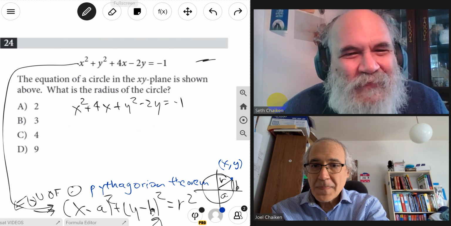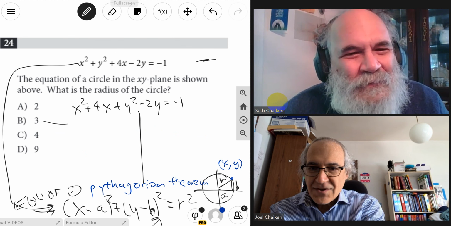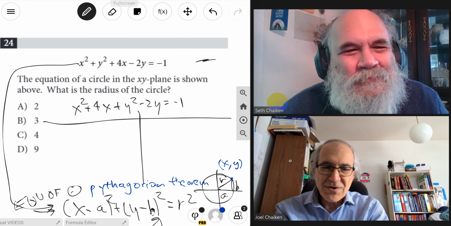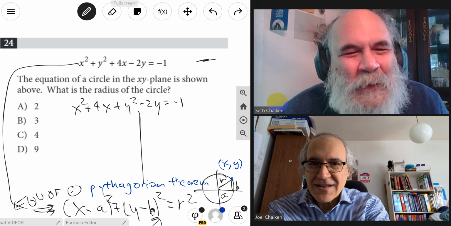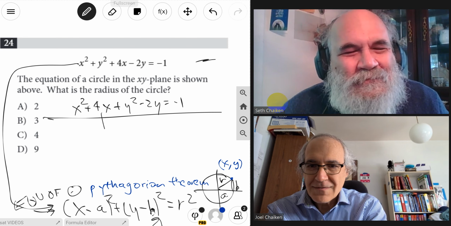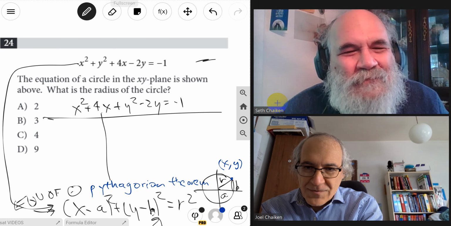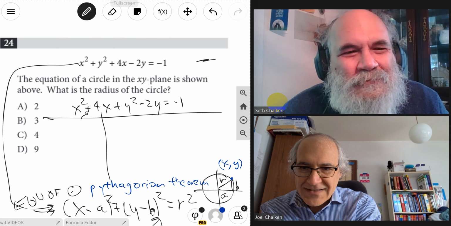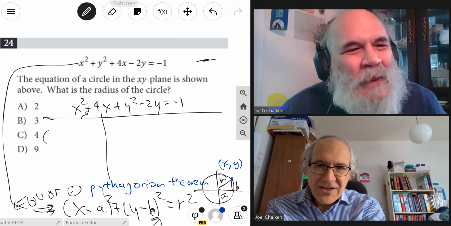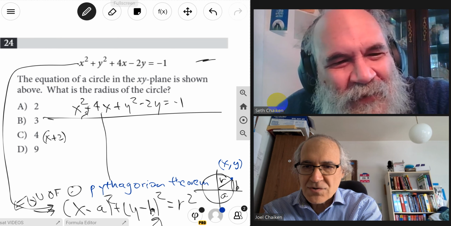All right. Okay, here we go. We're gonna make a line down the center, and we're gonna crush in. If you want more space, Seth, we'll give you more space. So I'm gonna make it really tiny. So you have to force this. When you multiply, you get an x squared plus 4x, so you do x plus 2 squared.